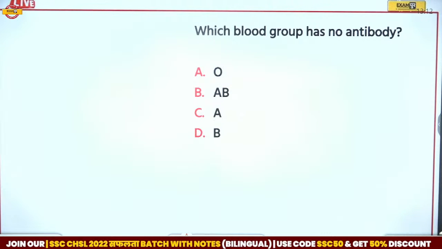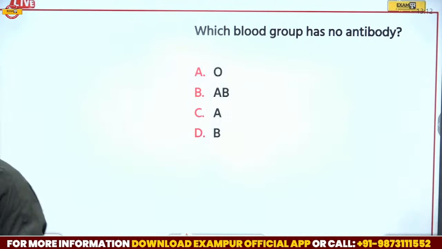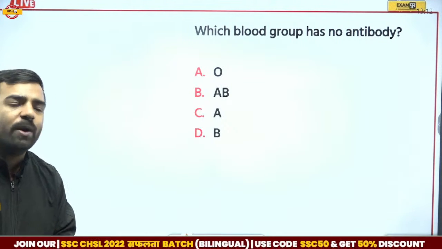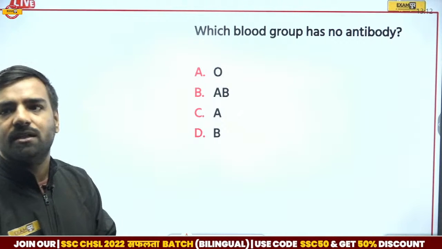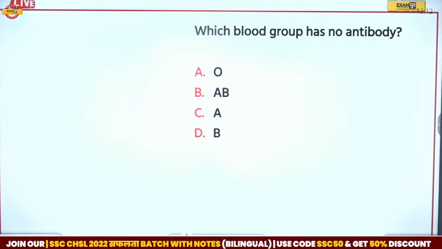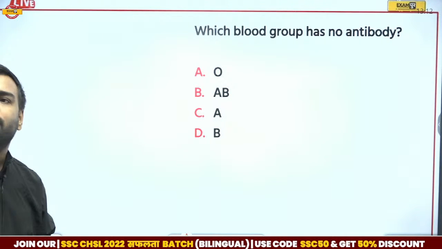Next question is, which blood group has no antibody? Let's see who can answer this now. There is no such antibody present. What do you think? What is going to be the correct answer over here? Yes, answer please. Which blood group is actually not having any of the antibody?